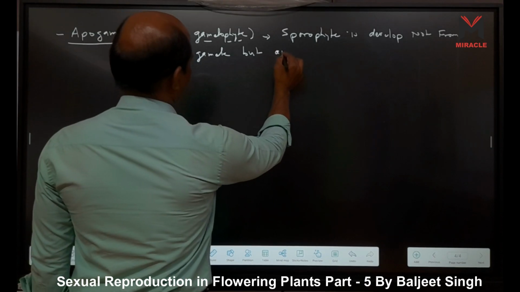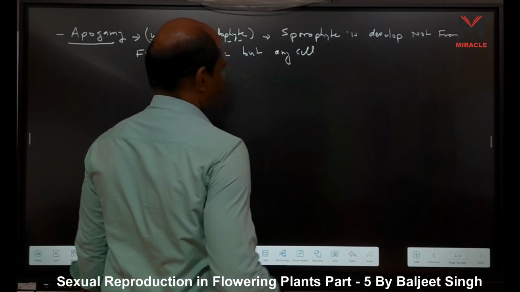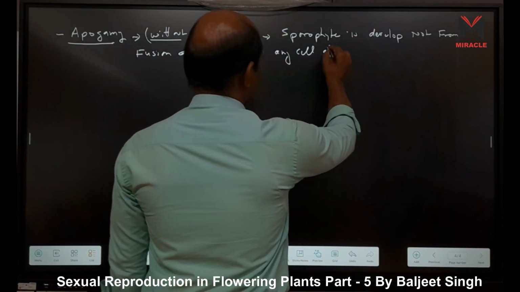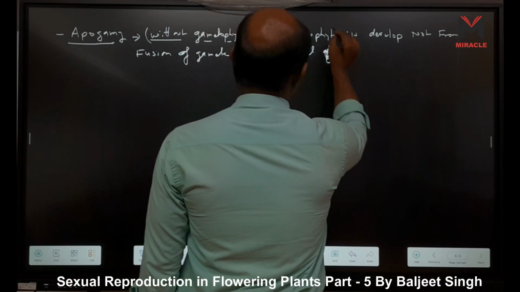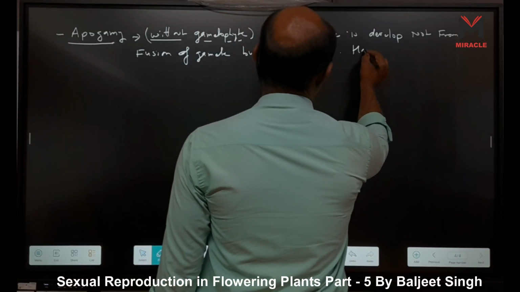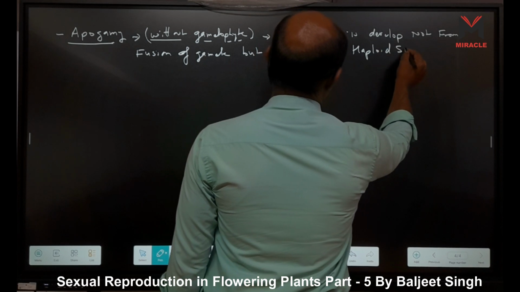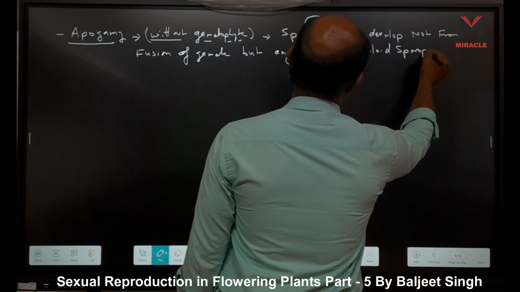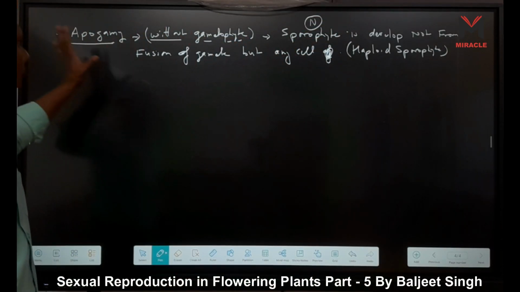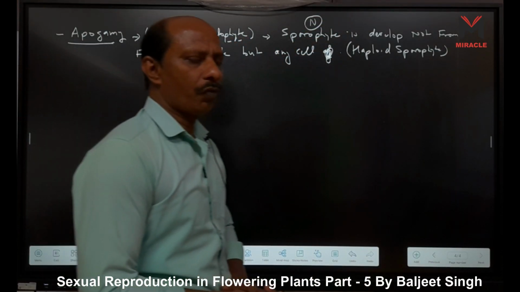But from any cell of the embryo sac, any cell of the gametophyte, which is actually N. This one is haploid, so a haploid sporophyte is formed. This is called apogamy. Apogamy means without fusion of gametes.